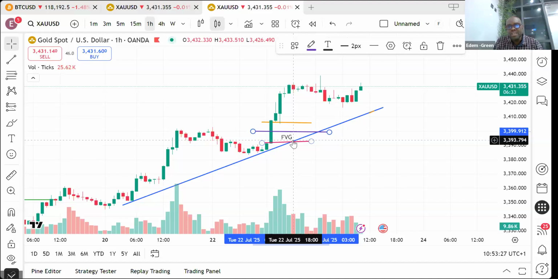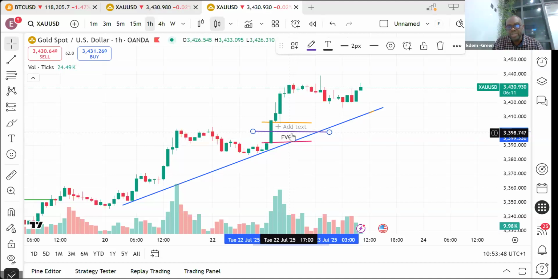If you are not using Fibonacci retracement, so the rule also is that if price disrespects this 50%, it therefore means that there is going to be a change in the trend. Okay.